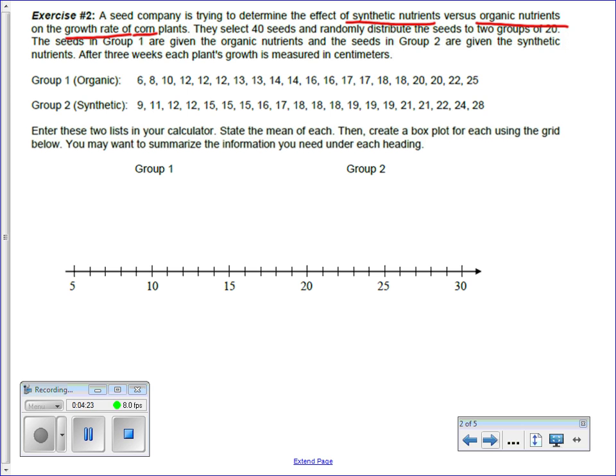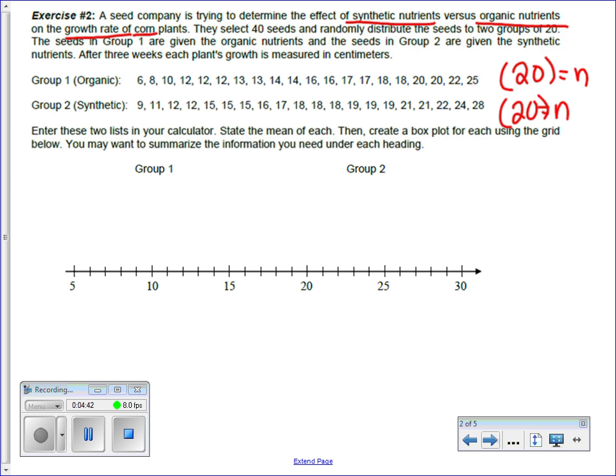So group 1 has 20 as its sample size, and group 2 also has 20 as its sample size. The seeds in group 1 are given the organic nutrients, and the seeds in group 2 are given synthetic nutrients. After 3 weeks, each plant's growth is measured in centimeters.